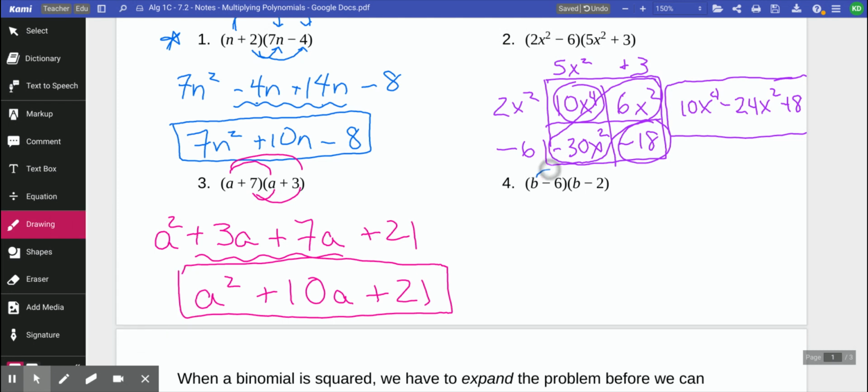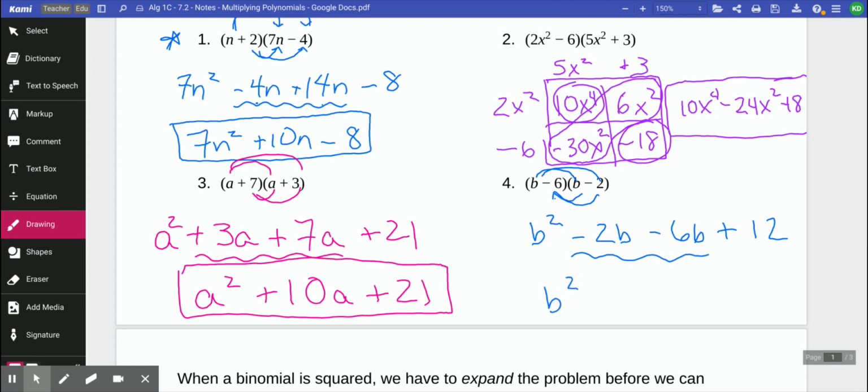And our last one, so b times b is b squared. B times negative 2 is negative 2b. Negative 6 times b is negative 6b. And negative 6 times negative 2, watch your signs here, is positive 12. Combine your middle terms.